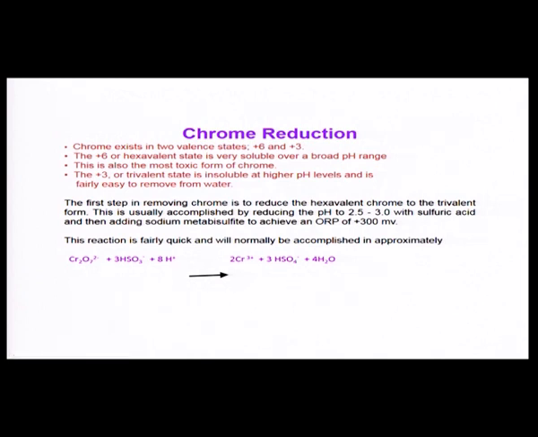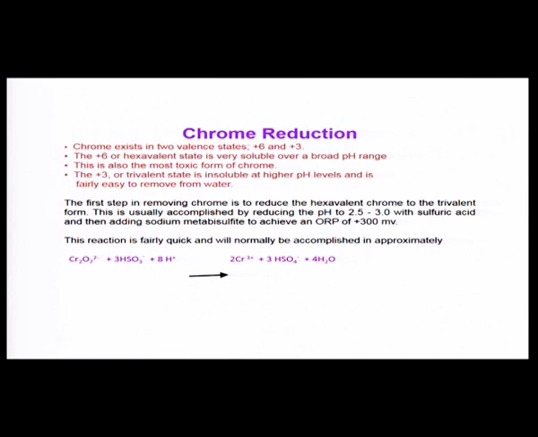And this chromium is removed in industries by a two-step process. Usually, the first step is reducing the hexavalent chromium to trivalent chromium, and then precipitating the trivalent chromium as insoluble chromium hydroxide and removing it from the wastewater.